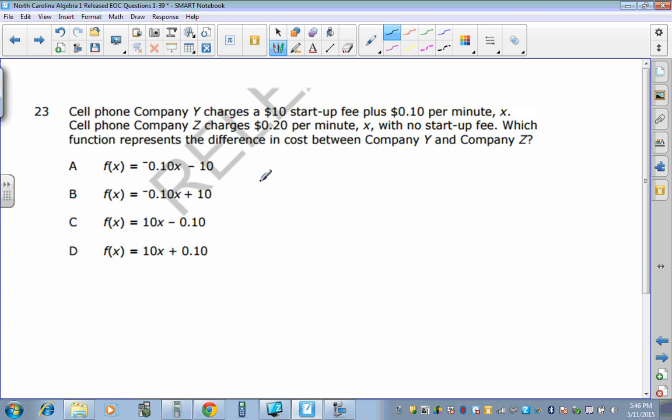Okay, this next one. Cell company Y charges a startup fee of $10 plus 10 cents per minute.